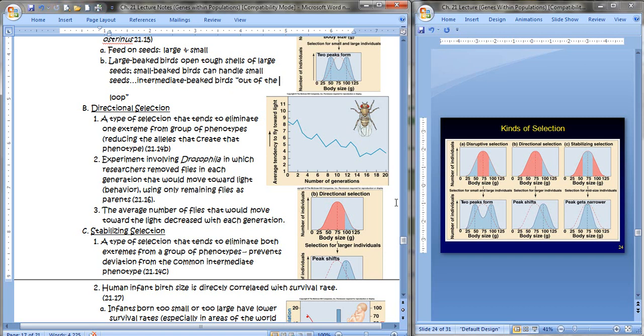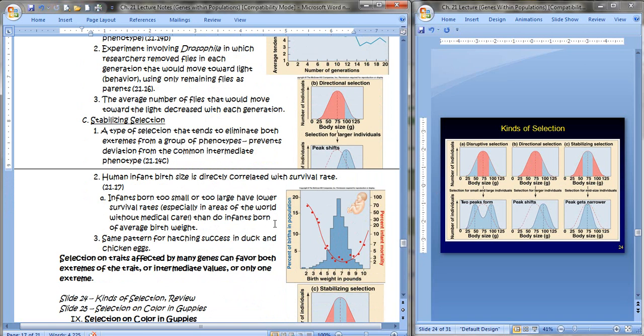So they were just pointing out a behavior and taking out the flies that exhibited that behavior. They then used only the remaining flies as the parents. So over time, the average number of flies that would move toward the light decreased with each generation. So with directional selection, you're selecting against one extreme or the other, and then shifting the entire population one direction or the other.